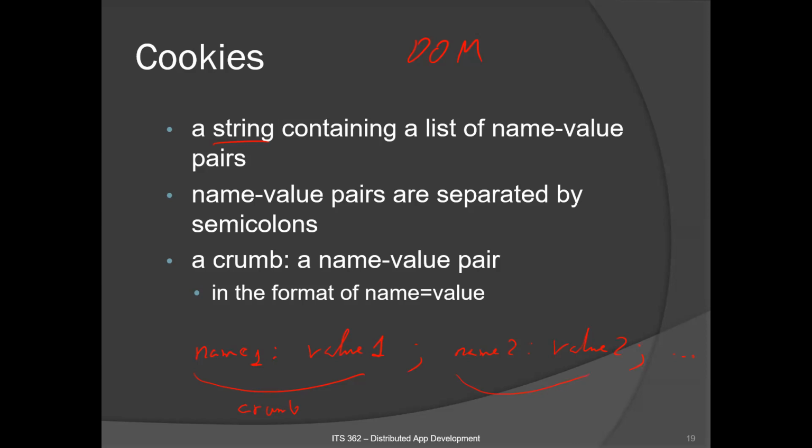Name value pairs are separated by semicolons. You can see that over there. We'll see some examples of how to do that. We won't be using cookies for everything that we do in our semester. Data will be stored eventually in databases, obviously, but cookies are useful for sessions.